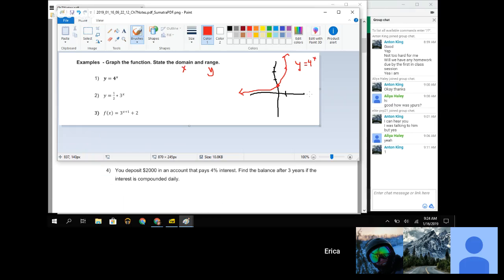It would be huge, but it would still be a value. So in this particular example, number 1, the domain would be all real numbers. Domain is all real numbers.